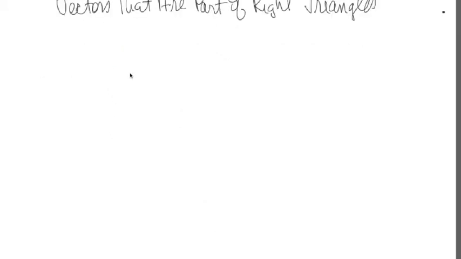We're going to talk about vectors that are part of right triangles. And as you remember back to your algebra classes, or even before that, the Pythagorean theorem is nothing more than c squared equals a squared plus b squared. Quick example here.